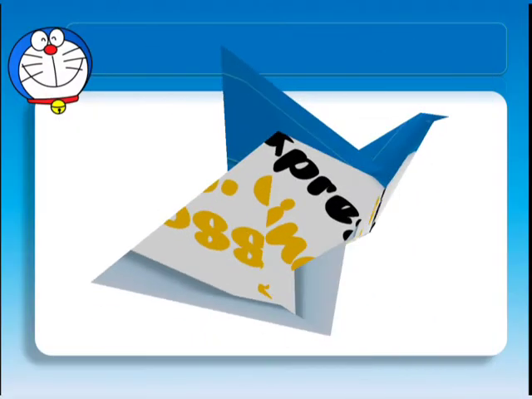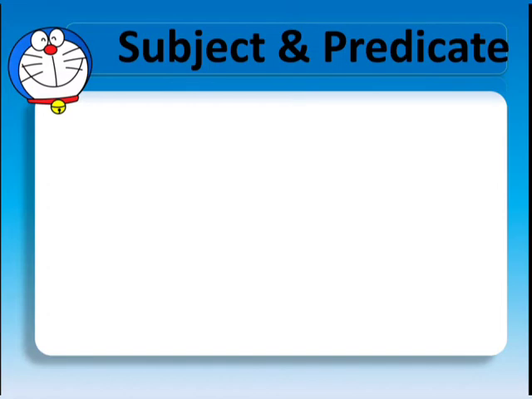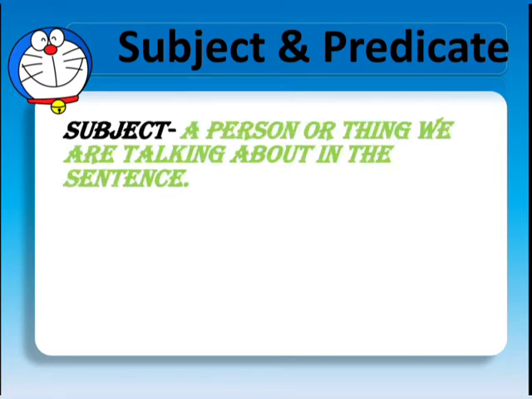So, in chapter 4, students, we learned about subject and predicate. We are just going to recall it. So, what is subject? A person or thing we are talking about in the sentence.